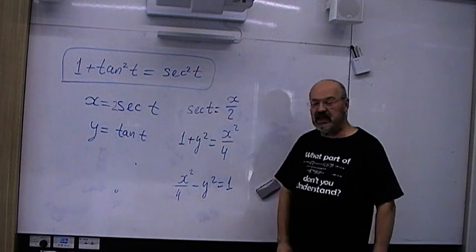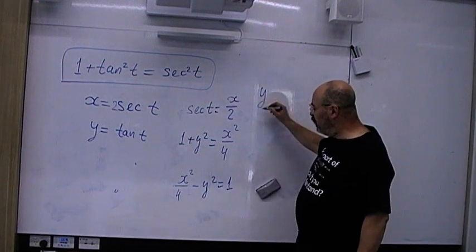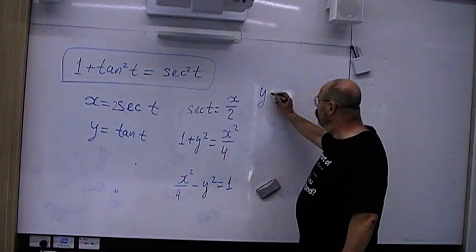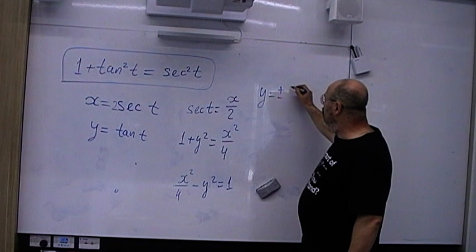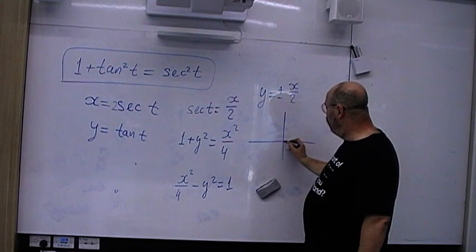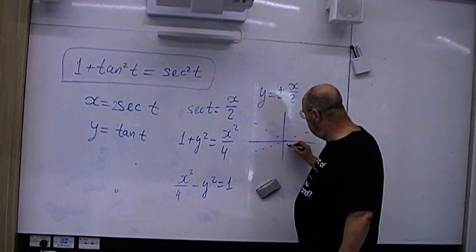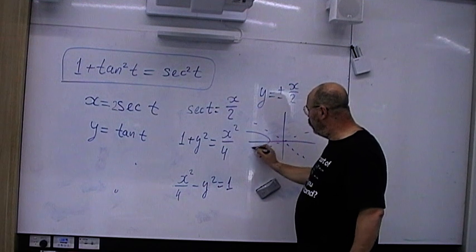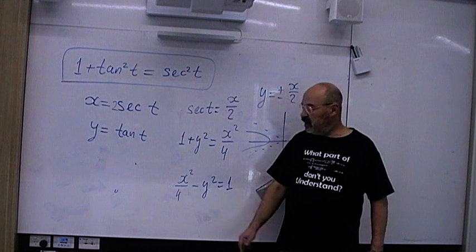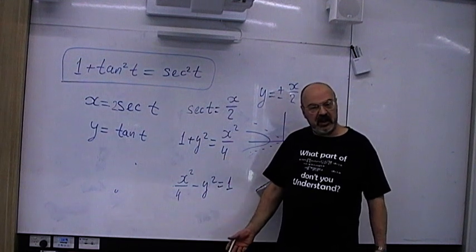What will be the asymptotes of this hyperbola? We have y equal plus or minus b on a, which is 1 on 2, so y equals plus or minus x on 2. So the asymptotes will be like this, and the hyperbola will be narrower than it was before when we had x squared minus y squared. That's what will change. Make sense?